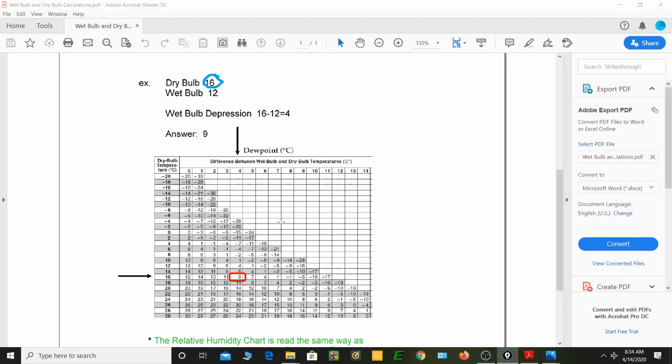Now, the biggest mistake that people make: they see dry bulb over here, and they go down to 16. There's the dry bulb. Then they go over to the x-axis for the dew point and say, we have a dry bulb, we have a wet bulb, so the dry bulb was over here, the wet bulb must be over here. So they go to 12, go down, go across, and they assume that's where you find your answer.